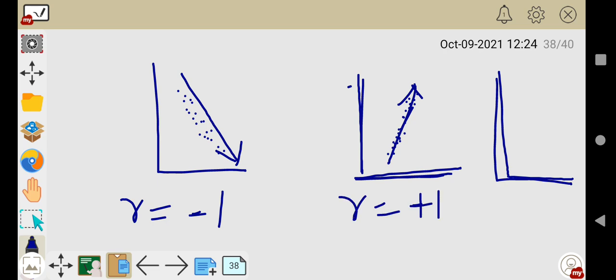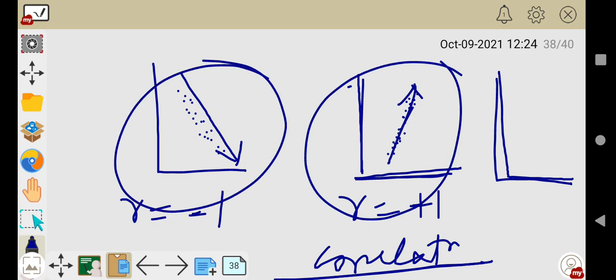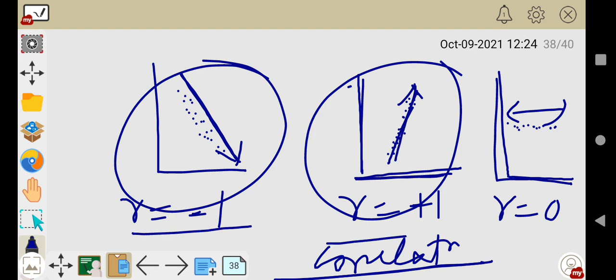Okay, these are correlations. In the previous slide we discussed linear or Pearson correlation, right? So this is r equals +1, this is r equals -1, and this is r equals 0. How will the graph look? Completely flat. Okay, like this. Downhill is r = -1, uphill r = +1, completely flat r = 0.